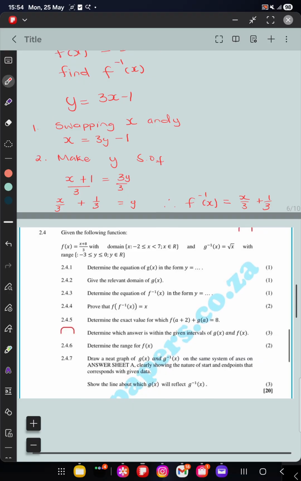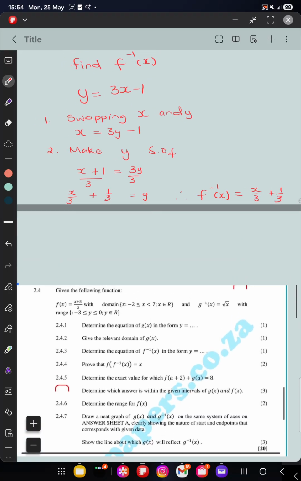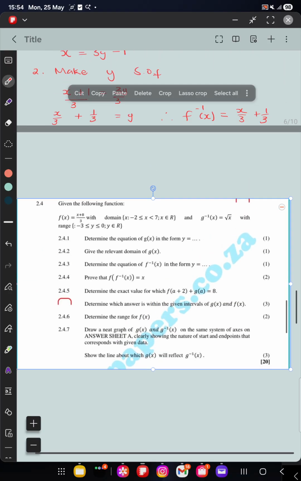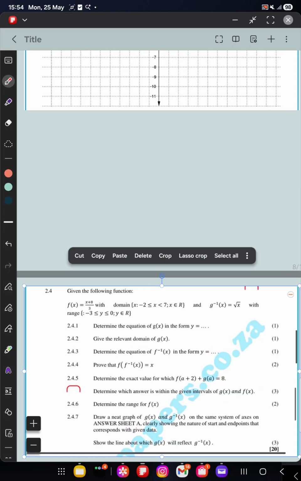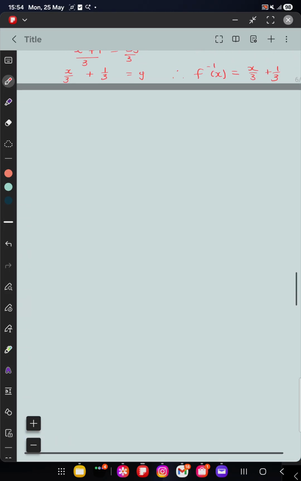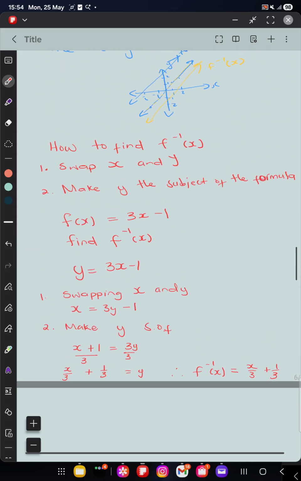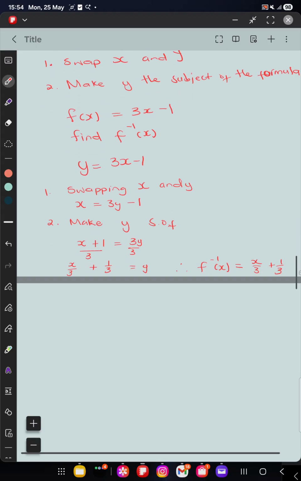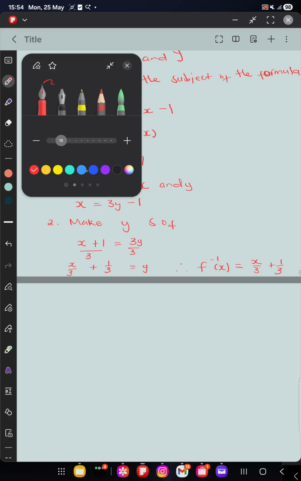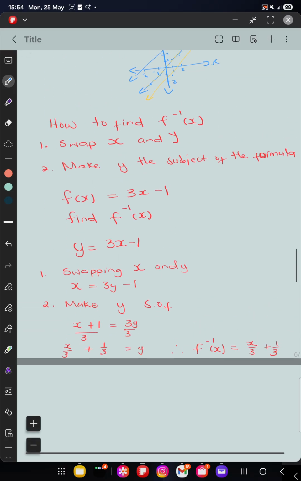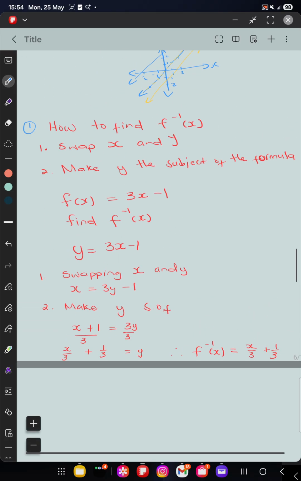All right, there's the other important thing to note. Now this is how to find f inverse of x. Then what else are we supposed to know? It's very important to note that, so number one, how to find.